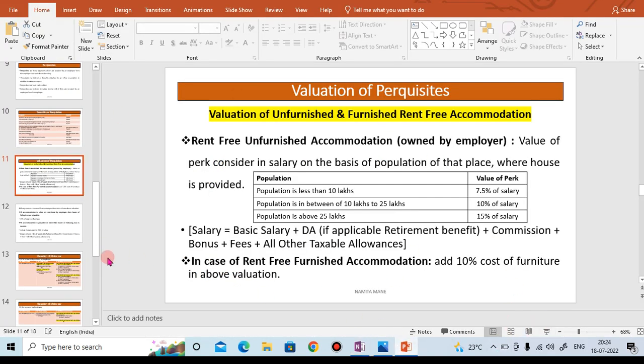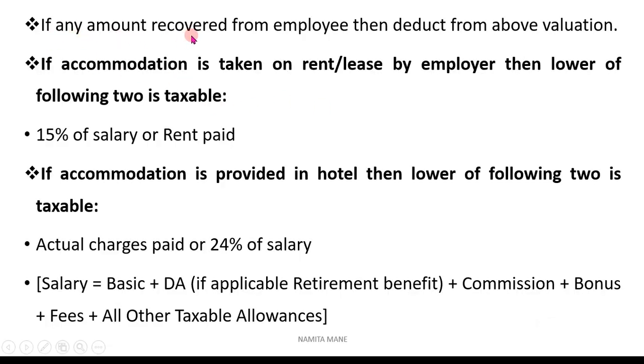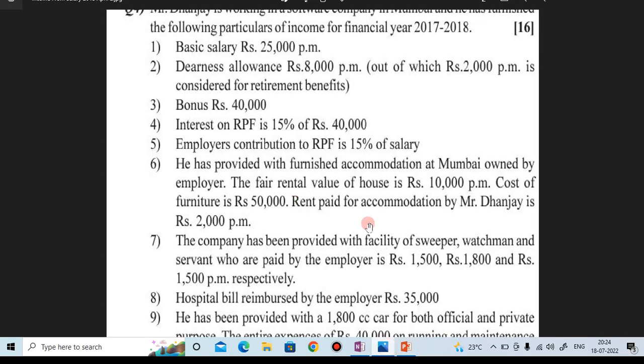Next is what? If any amount is recovered from the employee, then deduct it from the valuation. Now how much did Mr. Dhananjay pay as rent? Rent paid for accommodation by Mr. Dhananjay is 2,000 per month. So that means the amount has been recovered from Dhananjay in the form of rent paid, that is 2,000 per month.